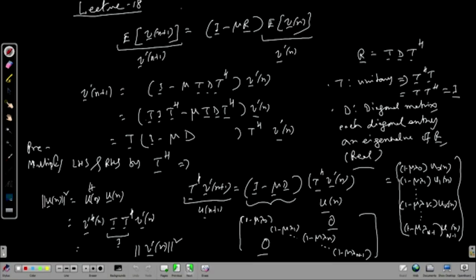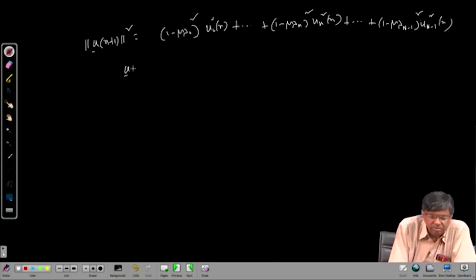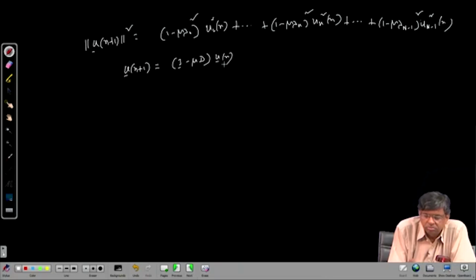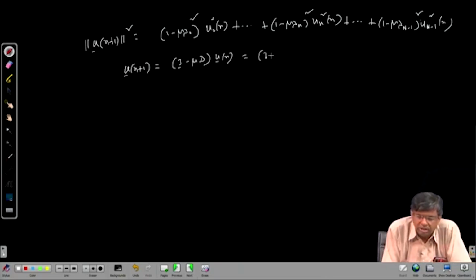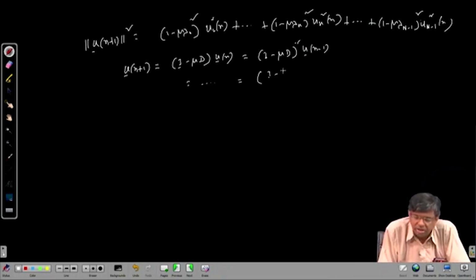So, because this is independent of n, if I replace n plus 1 by n, it will be (I − μD) u(n−1). So (I − μD) square u(n−1) and so on. If you go on doing it, finally (I − μD) square, cube, like that.